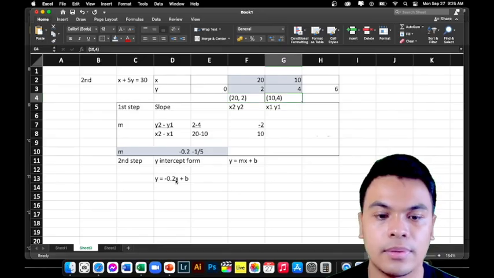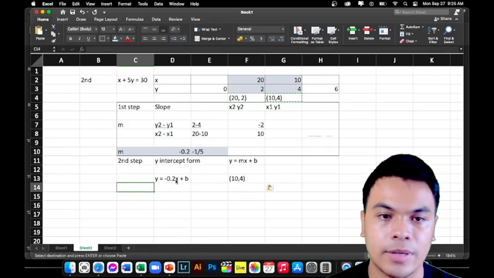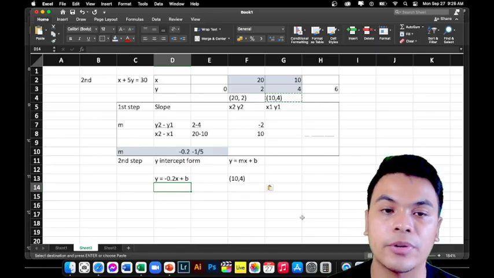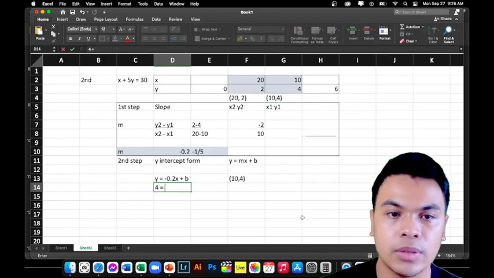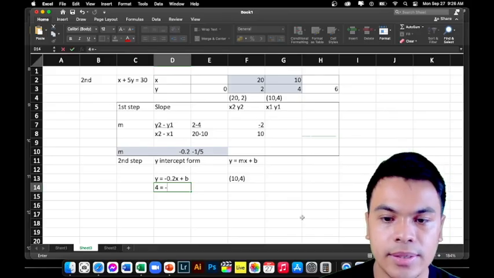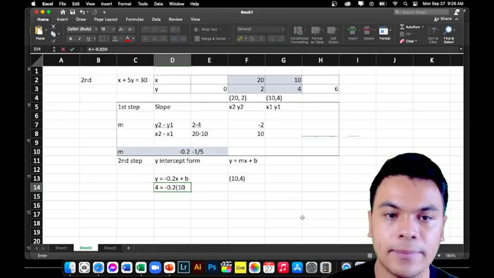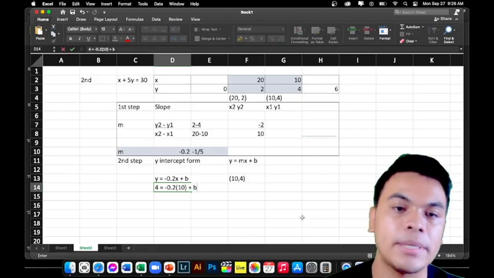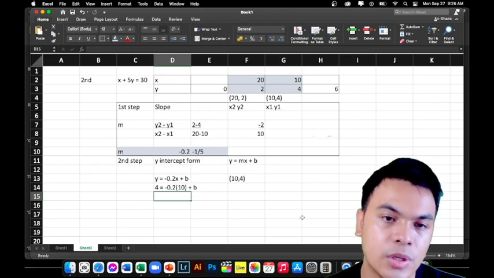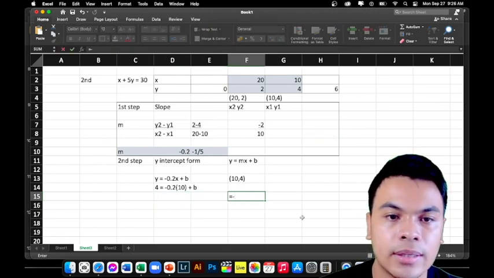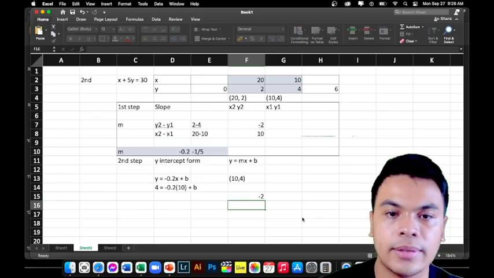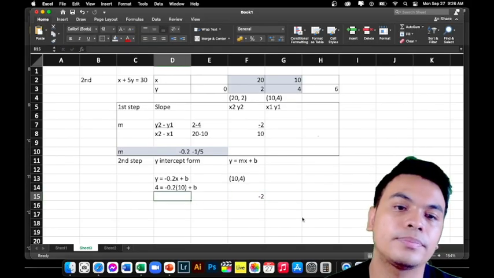Let's identify the y-intercept, or the b. So y is 4, equal to negative 0.2 times 10 plus b. What is negative 0.2 times 10? That is negative 2.